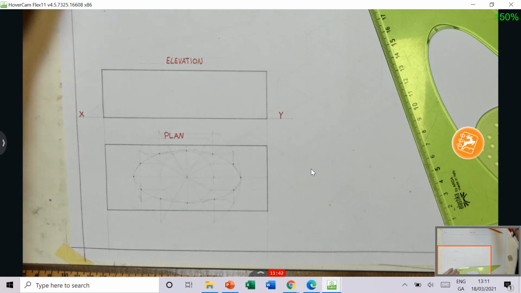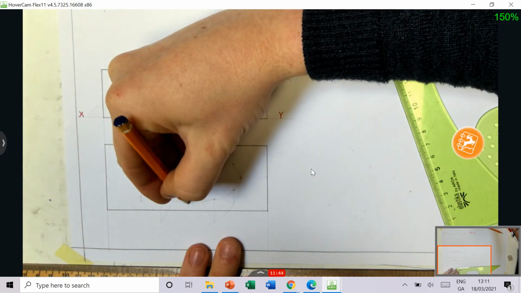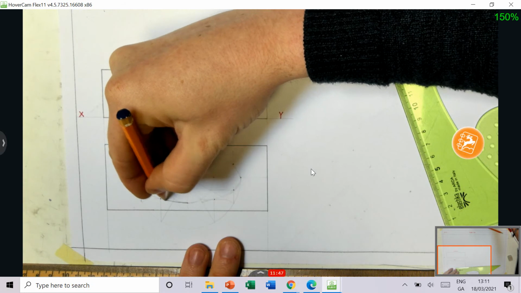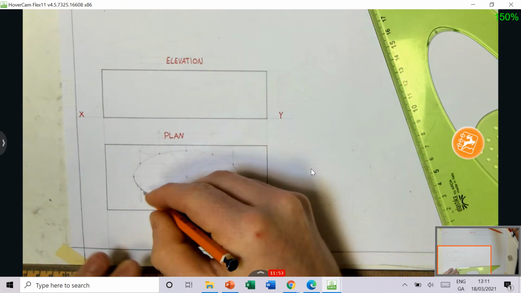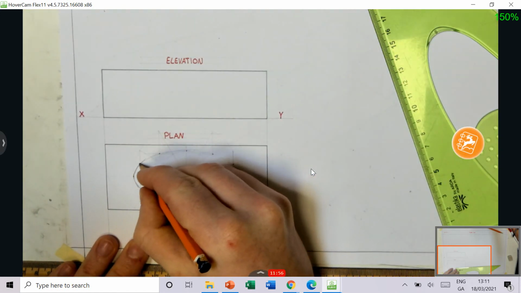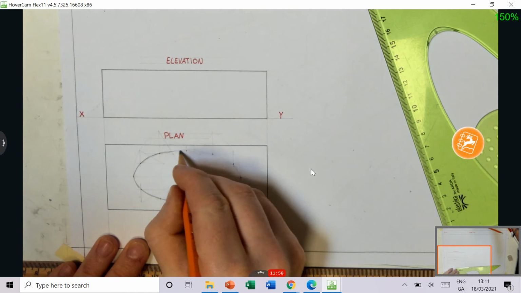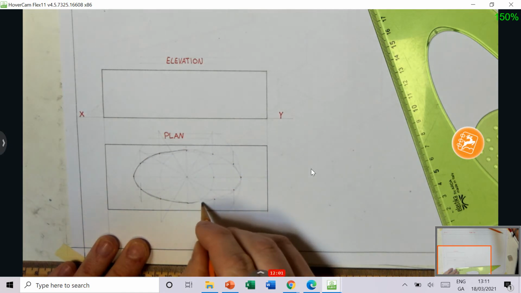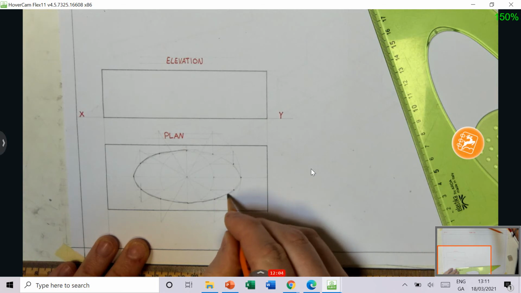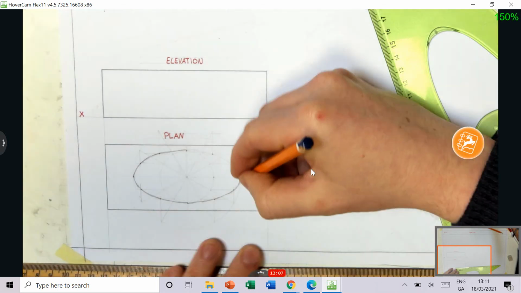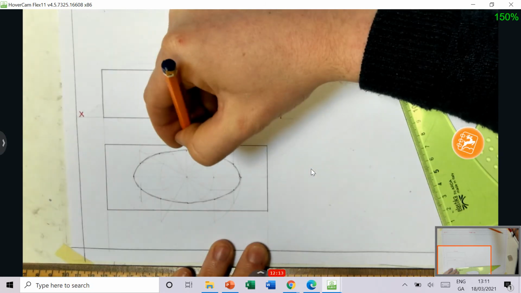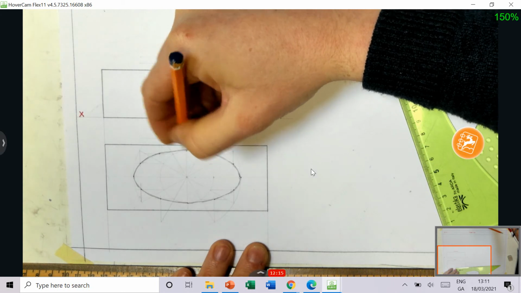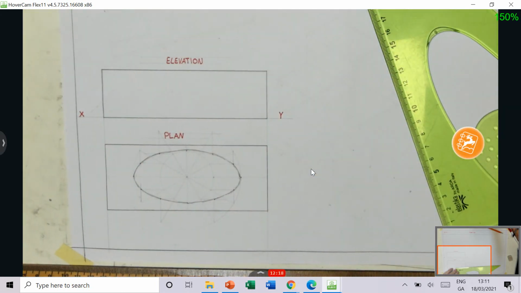Okay, and once I'm happy enough with that construction line, I can go over it with a firmer line. Okay, and that's our ellipse on the plan of our shape.